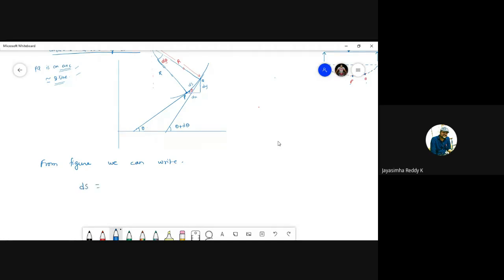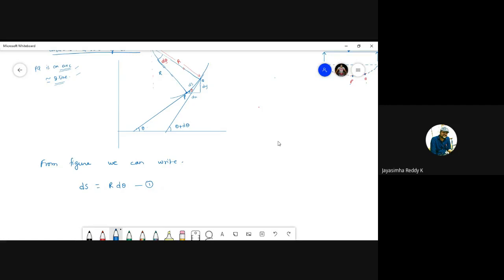Okay, ds is equal to r theta, radius of curvature into the angle it is making. So r into d theta, we can write this and put this as equation number 1. Okay, guys. So ds, the length of this arc, is equal to r multiplied by the angle that it is making, r into d theta. And let me put this as equation number 1.